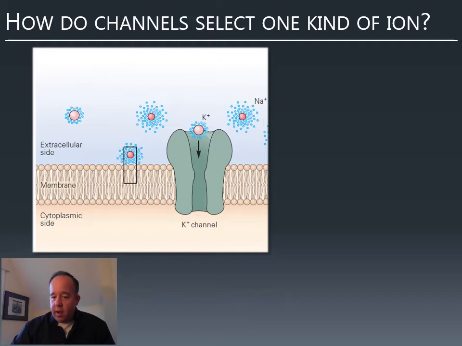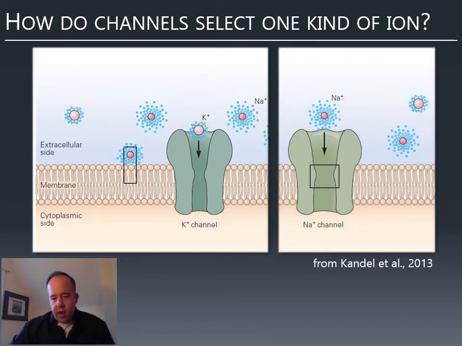But it's not big enough to let sodium ions with their water molecules through. It's sort of like a coin sorter or a sieve. The holes are only so big, and anything smaller than that hole will go through. Anything too big for that hole can't go through. So because of these water molecules, sodium is effectively bigger, and potassium can go through, but sodium can't.